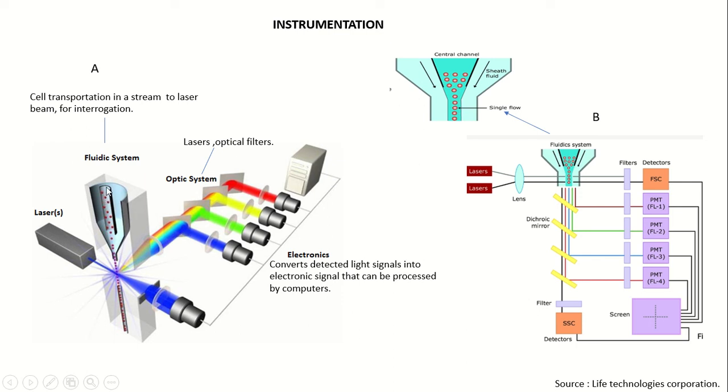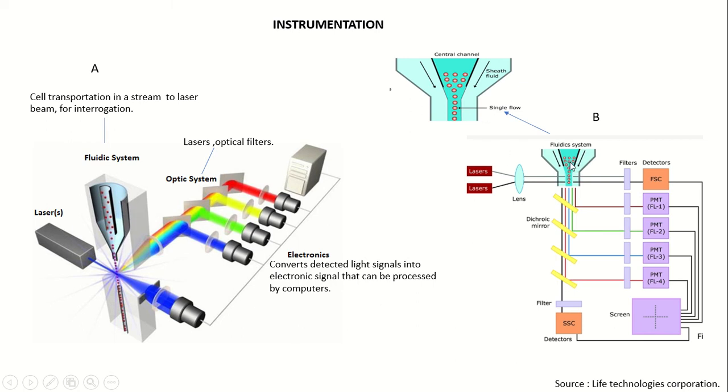This is half of the core chamber, and this is the area where sheath fluid is applied. The pressure applied on the core chamber allows the single flow of our single cell suspension. So this is the fluidic system.